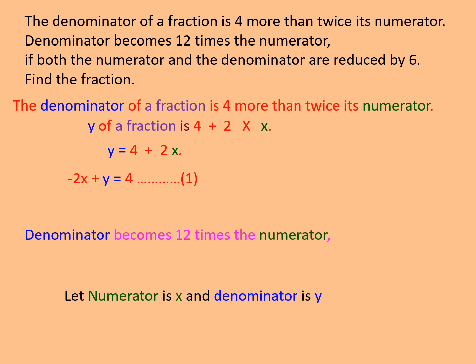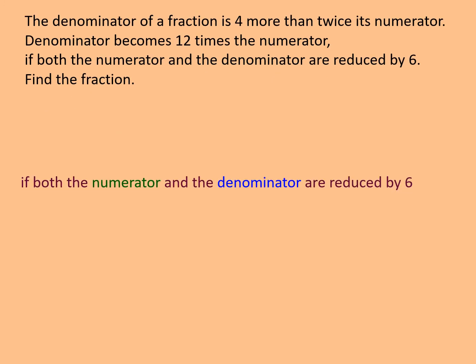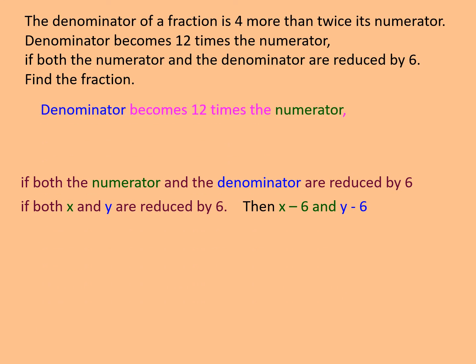They have given that the denominator becomes 12 times the numerator if both numerator and denominator are reduced by 6. The second condition is a little longer, so we go to the next slide. If both x and y are reduced by 6, then x minus 6 will be your numerator and y minus 6 will be your denominator.